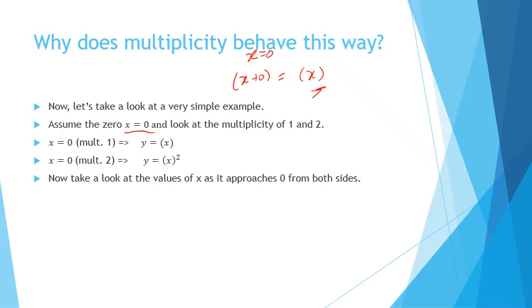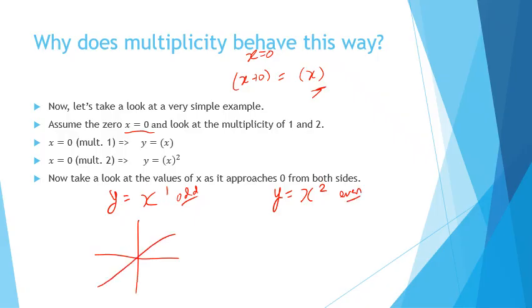And now let's take this 0 and raise it to the lowest odd and the lowest even number. So if we want a really basic example, y equals x to the first and y equals x squared. This is going to be our odd example here, and this is going to be our even example. And graphing both lines, that's what both graphs should look like.